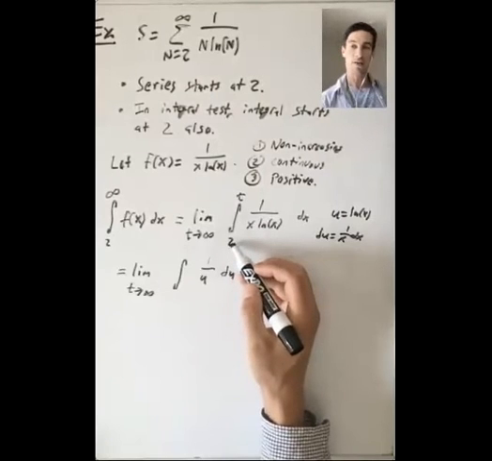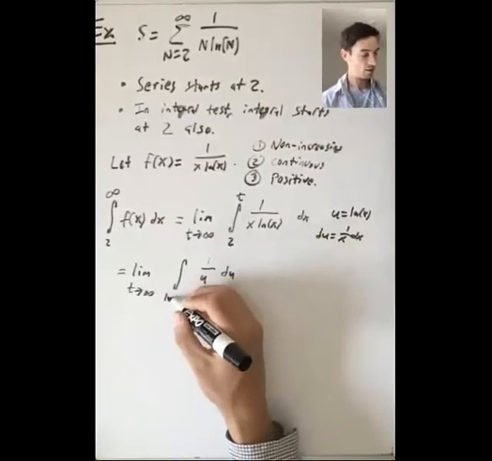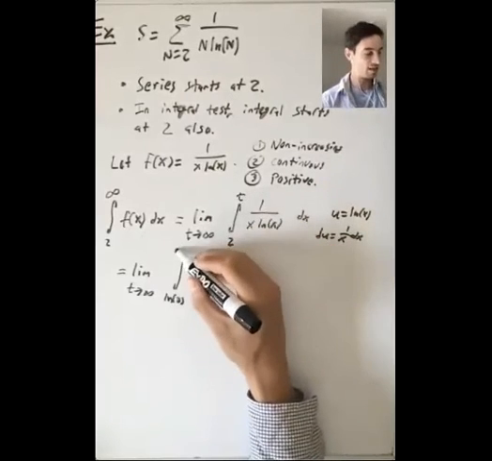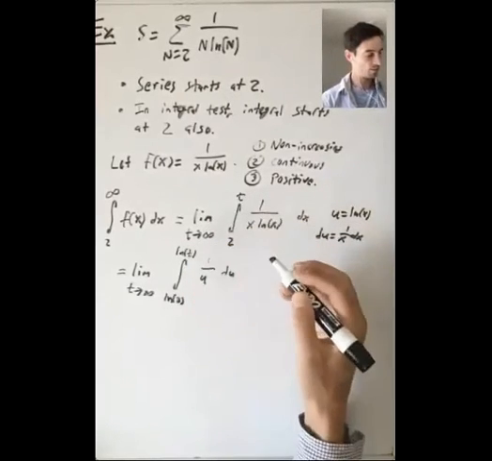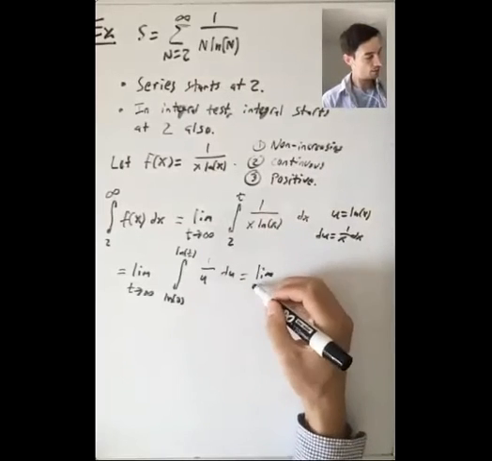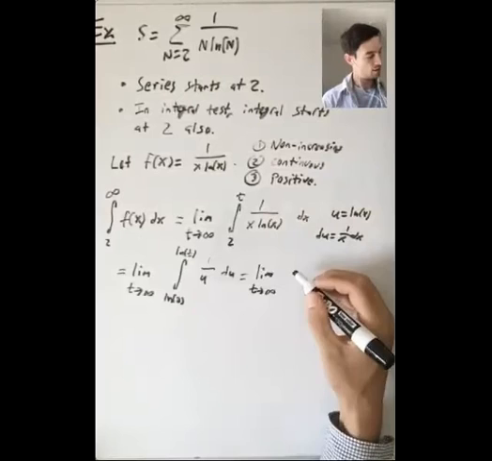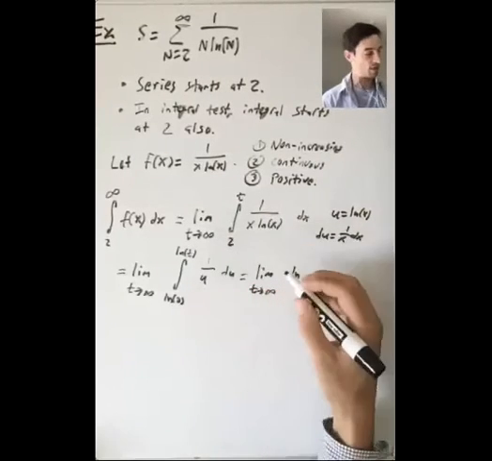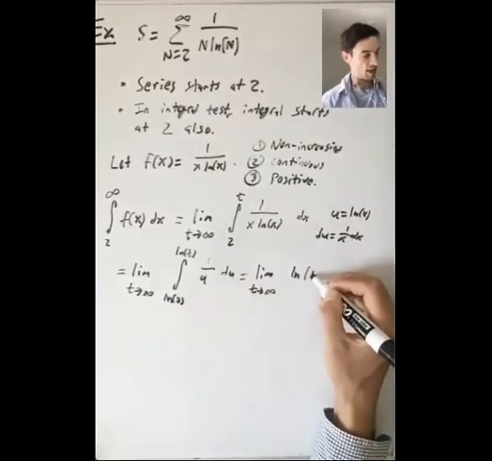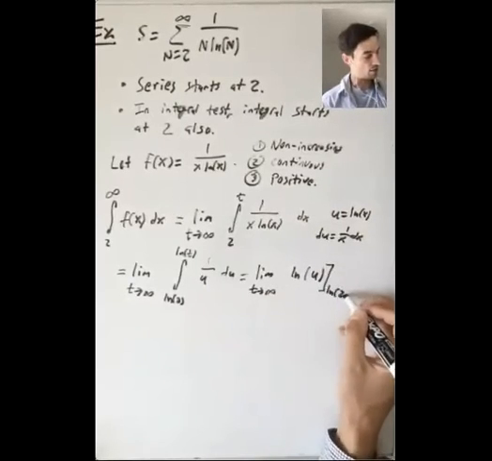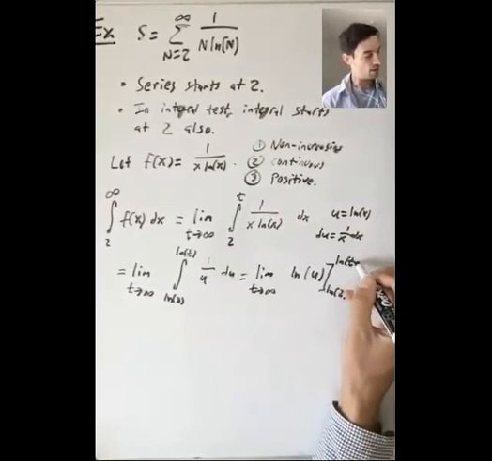What is u equal to when x equals 2? Natural log of 2. What is u equal to when x equals t? Natural log of t. I know an antiderivative of 1 over u. So we get natural log of absolute value of u, but these numbers are positive, so it's okay to not worry about that. Natural log of 2, natural log of t.